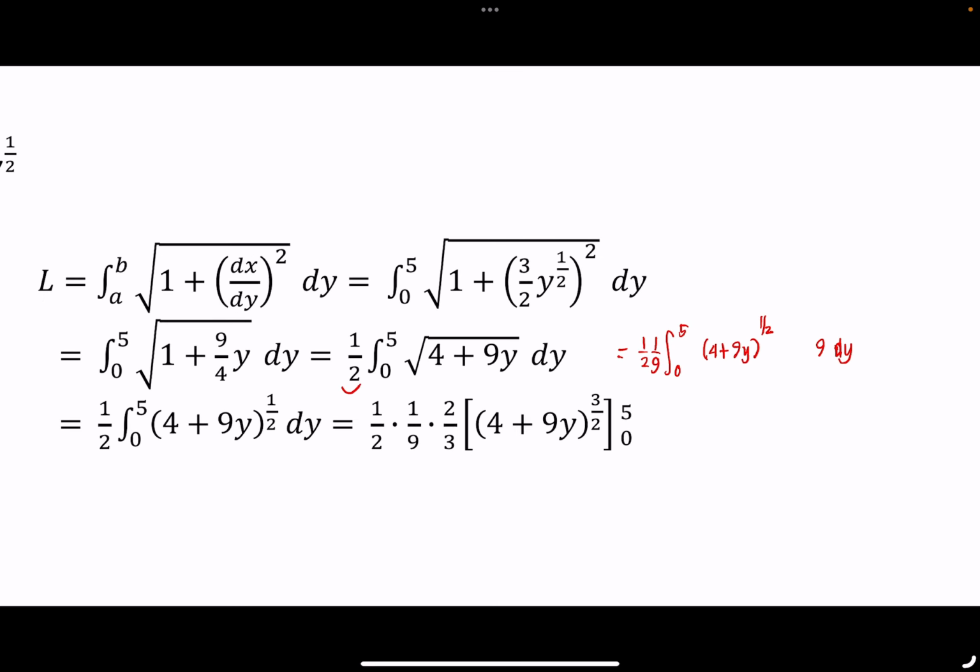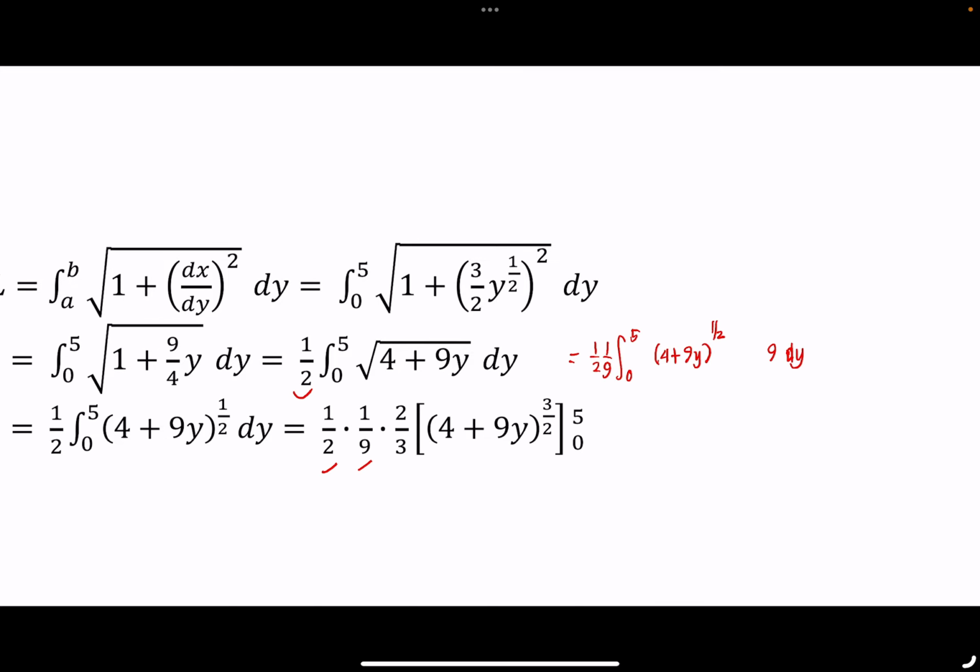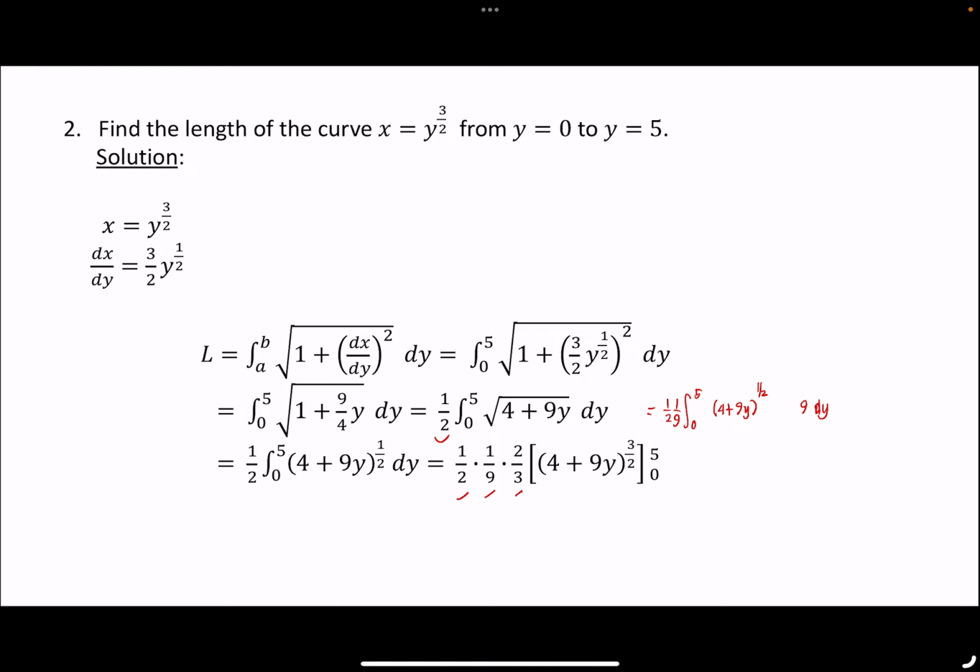So that would now be 4 plus 9y raised to 3 over 2 over 3 over 2. So we have 1 half times 1 over 9 times 1 over 3 over 2. So that's 2/3. 4 plus 9y raised to 3 over 2. Plugging in 5. So upper limit minus lower limit.